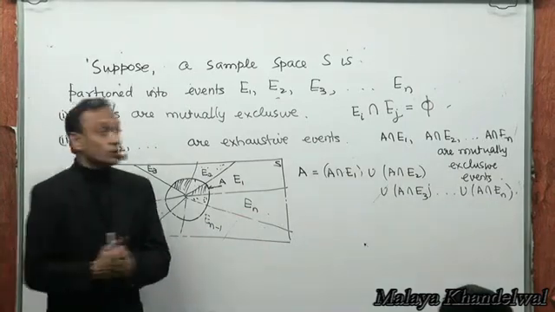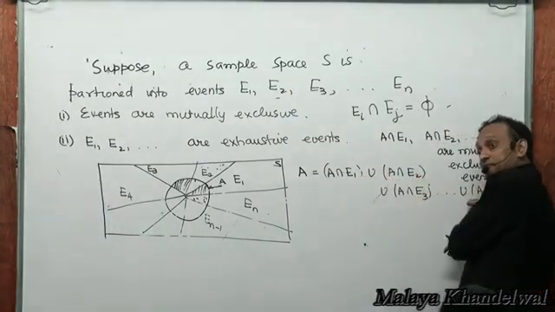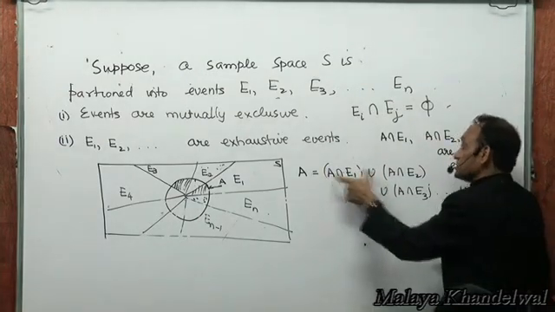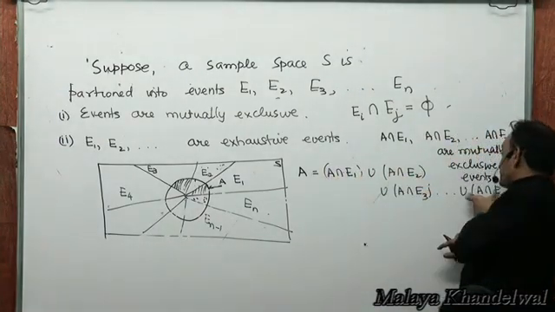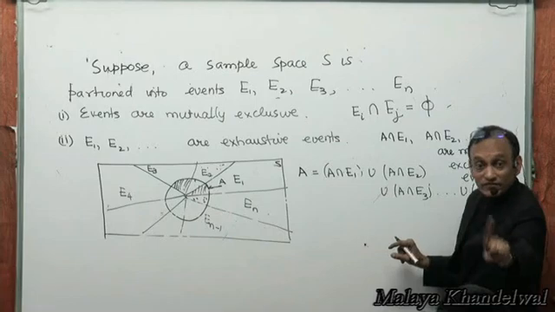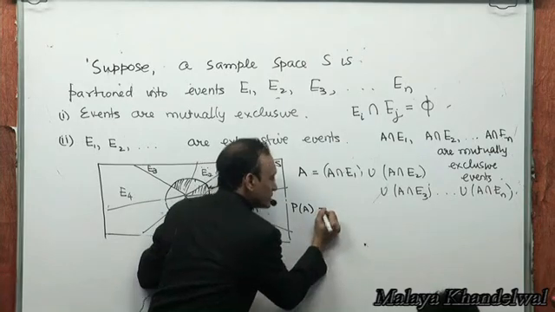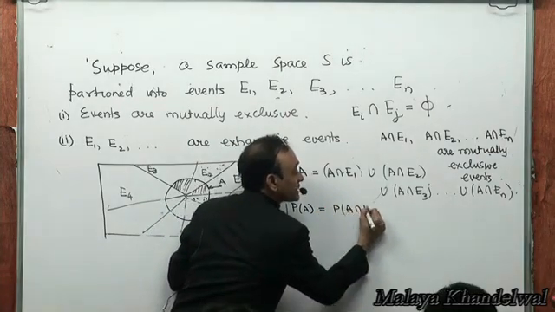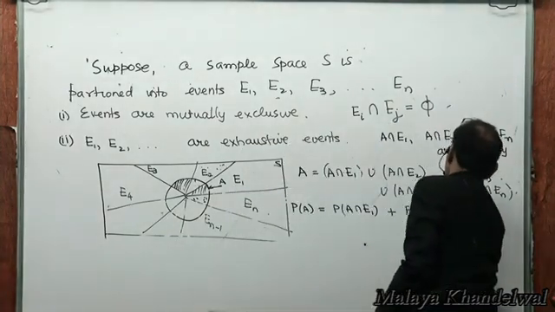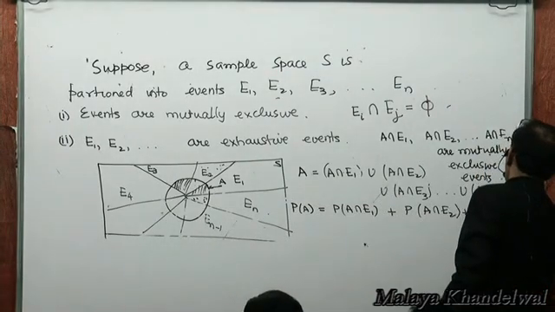That means probability of A, and since they are mutually exclusive, the probability of this entire thing would be probability of this plus probability of this plus probability of this plus probability of this, because they are mutually exclusive. So can I say probability of A is probability of A intersection E1 plus probability of A intersection E2 plus probability of A intersection En?